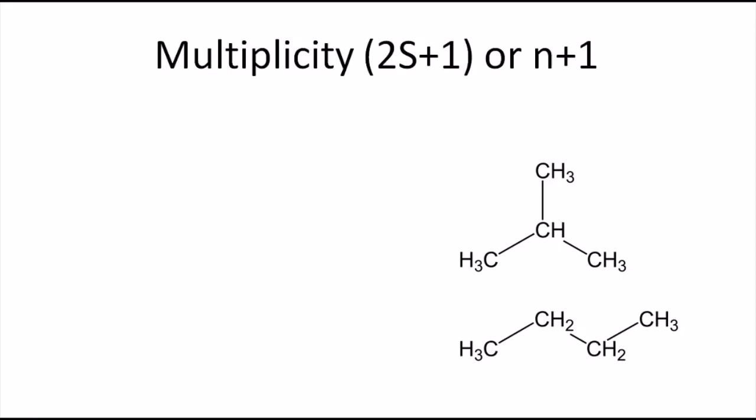If you take this compound, multiplicity is calculated by the 2S plus 1 formula, where S is the total spin of the protons, that is spin-spin coupling. Multiplicity occurs due to spin-spin coupling, that you know very well.